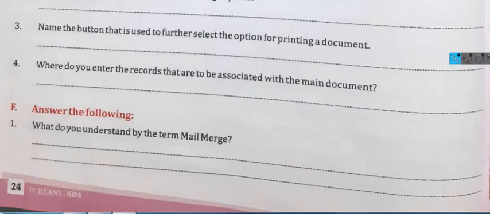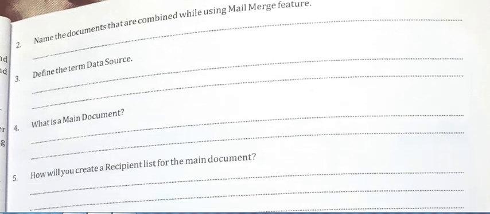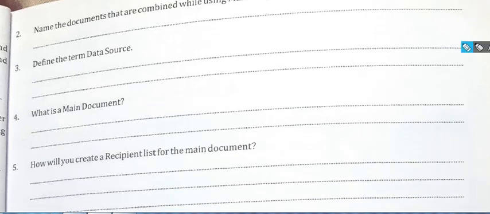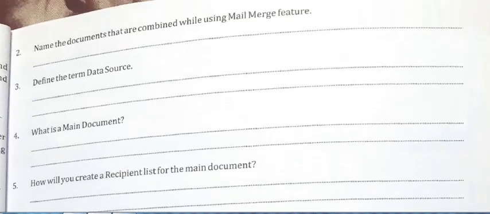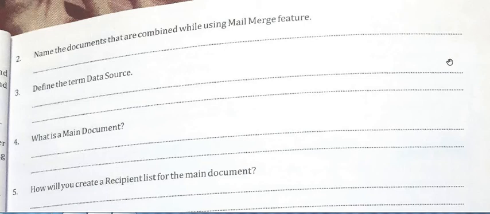Now next, name the documents that are combined while using mail merge feature. In mail merge only two things are combined, right? First is the main document, and this is combined with what?